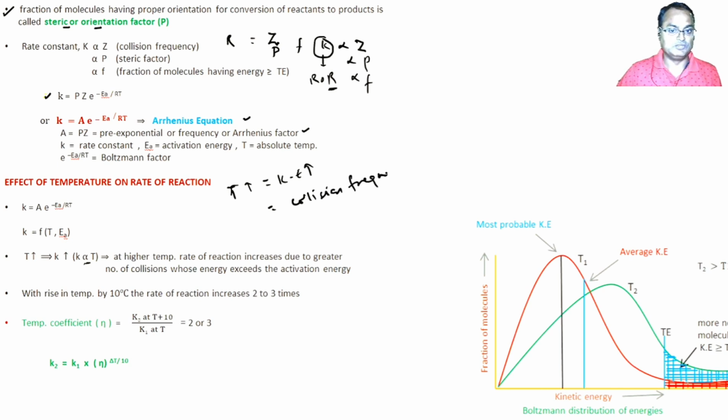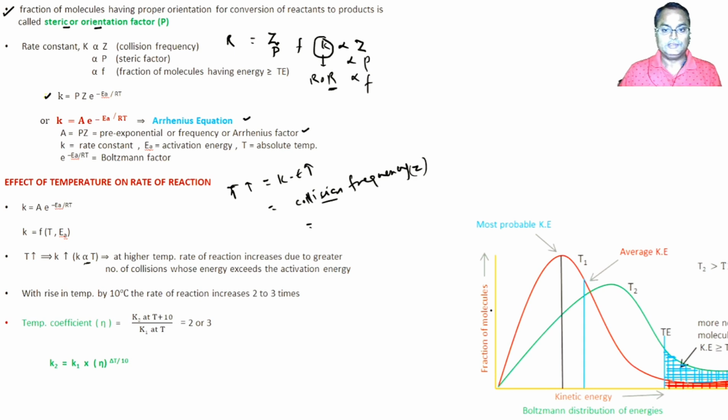It means more molecules collide with each other and their energy becomes greater than or equal to the threshold energy. Their energy exceeds the activation energy and they perform effective collisions and convert into products, right? So with increase in temperature, due to increase in collision frequency, the rate of reaction increases. This is the effect of increase in temperature on the rate of reaction.